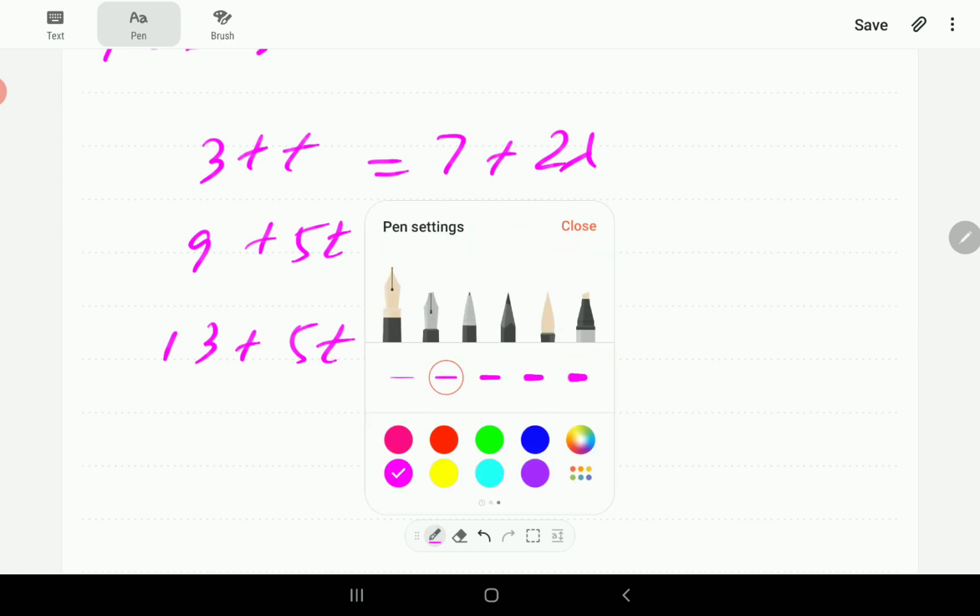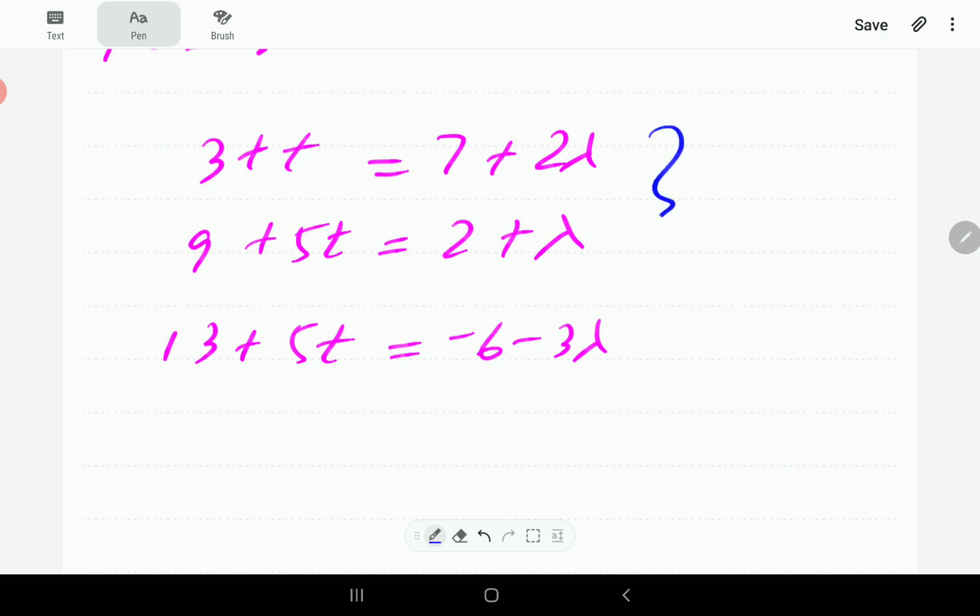So what we do is we choose any 2 equations and solve, and then if there is a point of intersection, whatever numbers we find must also agree with the third equation. So here, for instance, we are going to take this as equation 1, take this as equation 2, and solve.